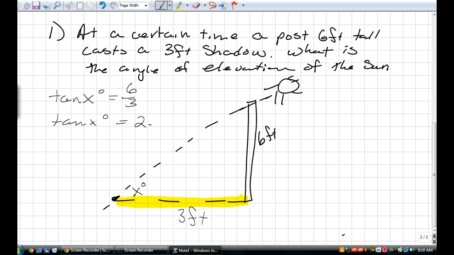Then remember that we are looking for the measure of an angle. So that means that we have to use the inverse function. So on our calculators we do tan inverse of 2 equals our angle. So on our calculator we plug that in and we round it to the nearest whole degree, and so we get approximately 63 degrees.